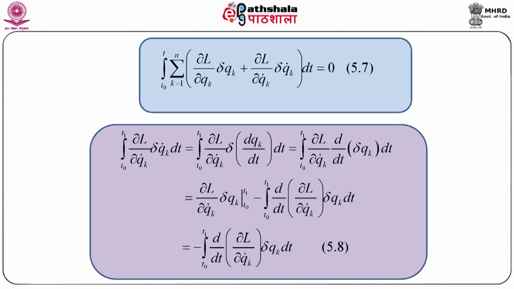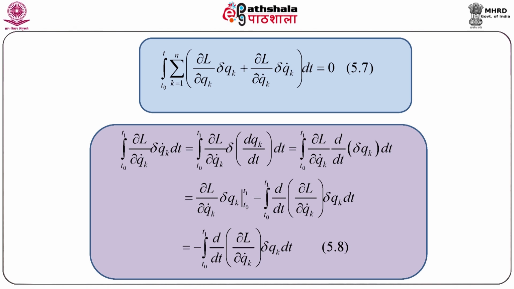Now, integration t0 to t1 of del L del qk dot delta qk dot dt equals integration t0 to t1 of del L del qk dot d/dt of delta qk dt. We have used that delta and d/dt operations are interchangeable.